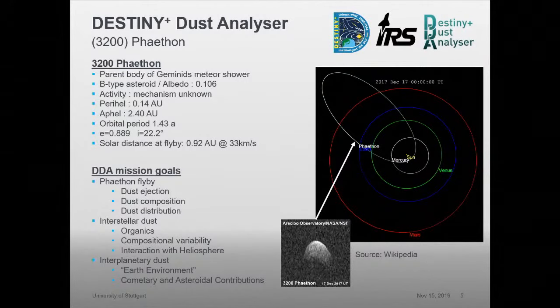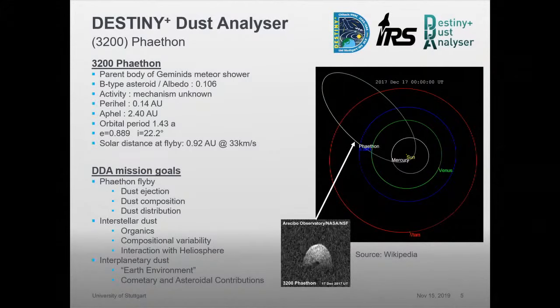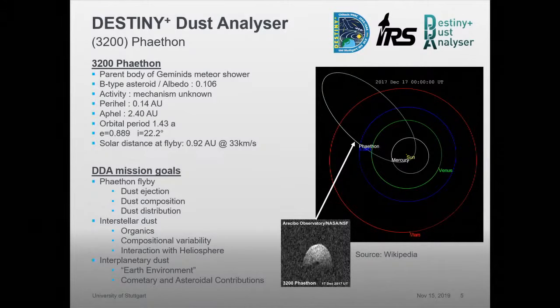The mission goals of Destiny Plus are to do a flyby and to measure the dust ejection, to measure the dust composition, dust distribution, to measure interstellar dust, and we also want to measure interplanetary dust in the Earth environment.